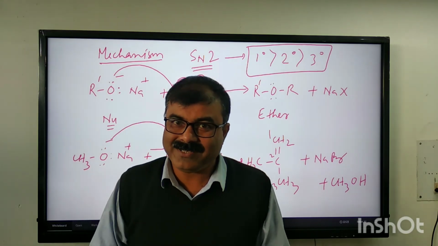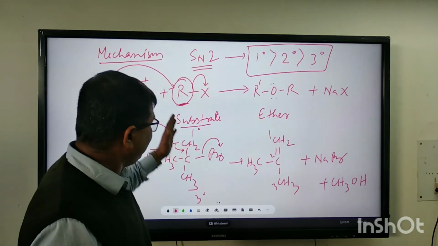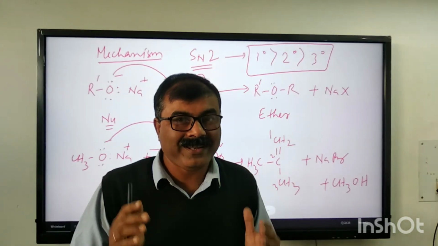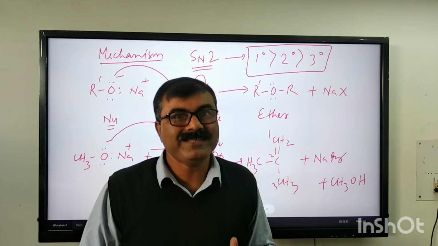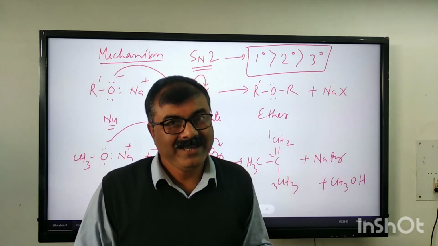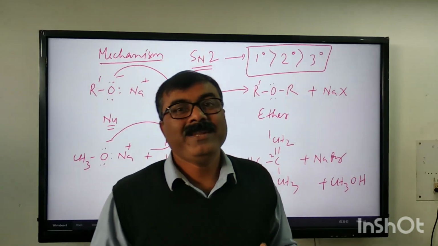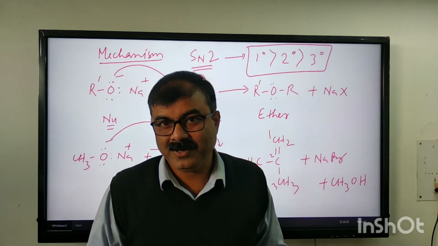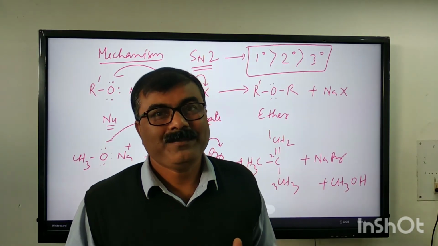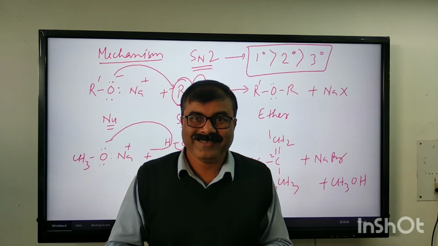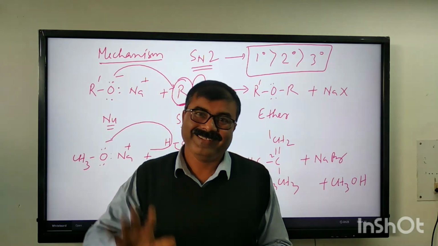That is one advantage. Okay, and it must be primary, it cannot be secondary or tertiary, because secondary and tertiary alkyl halides have more steric hindrance, an inhibiting effect. If we treat secondary and tertiary, elimination competes over substitution. We will get the eliminated product, mostly alkene. Have you understood, students? Okay, thank you.